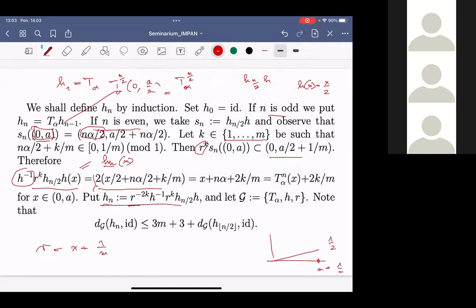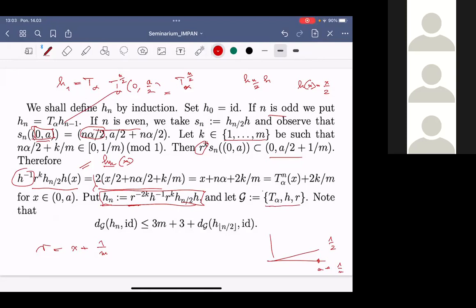Oh, this is hn. Sorry, this is hn. We see that hn is equal to t alpha n of x on the interval from 0 to a. So now we can take this generating set t alpha hr. This is our generating set.